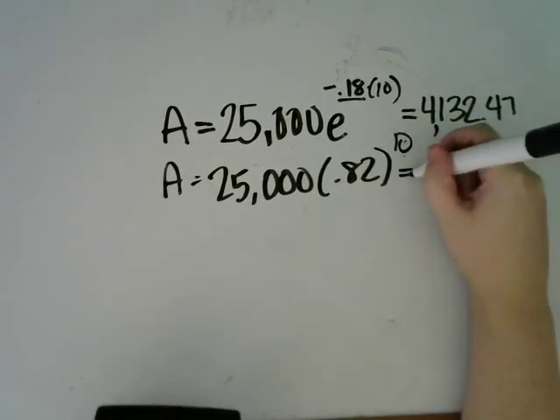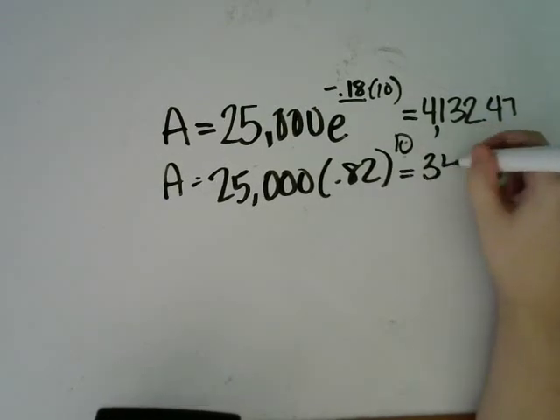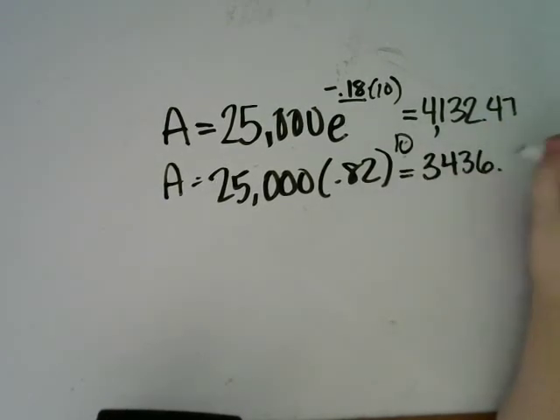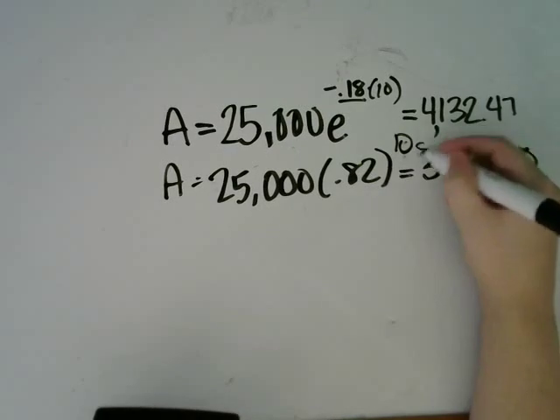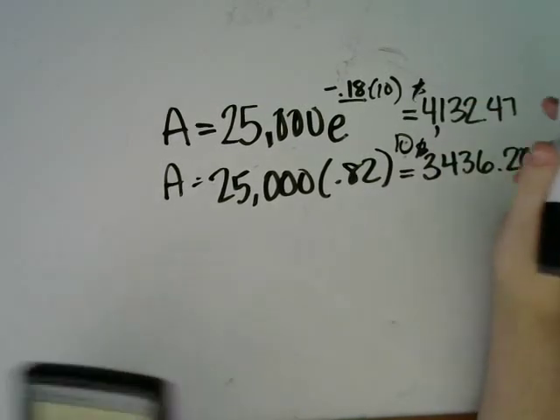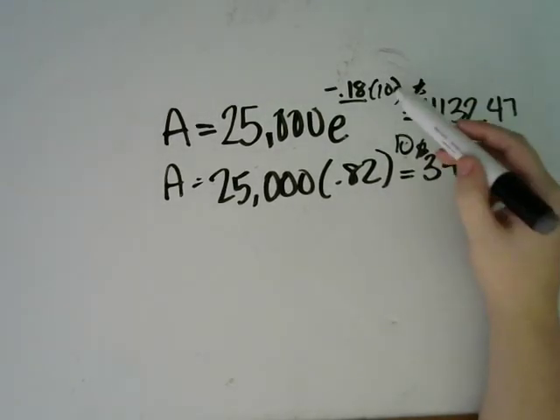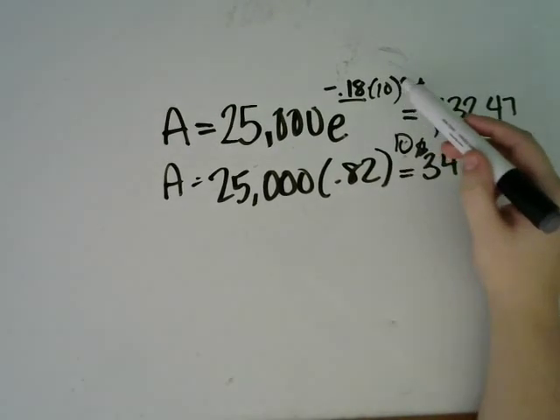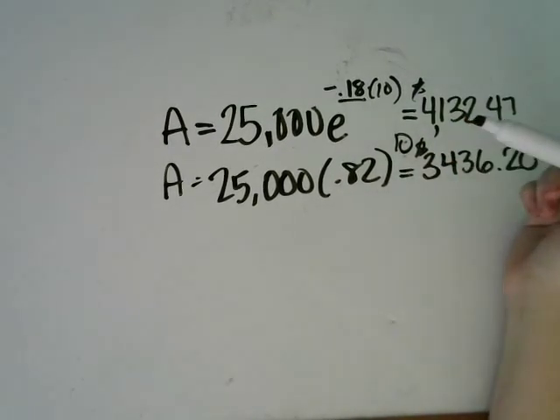And in our other model, we see that the car value would be $3,436. And so we don't get the same value of the car with continuous decay that we do with a standard exponential decay.